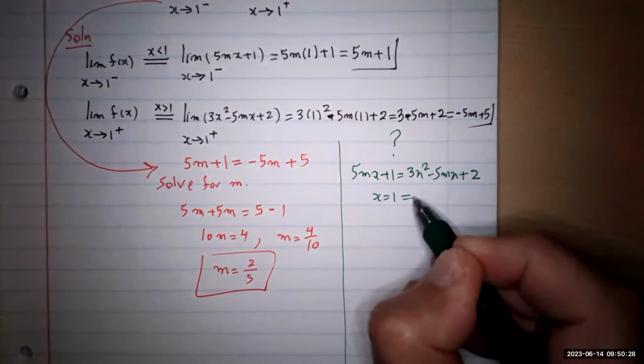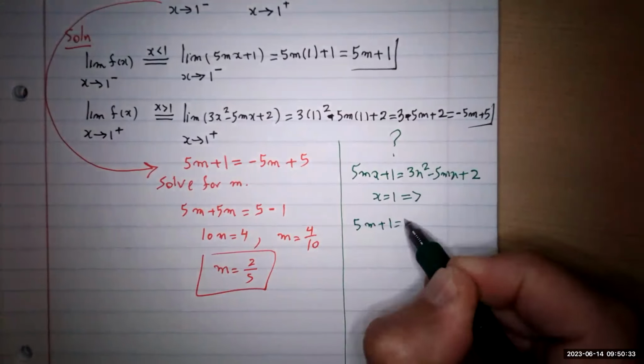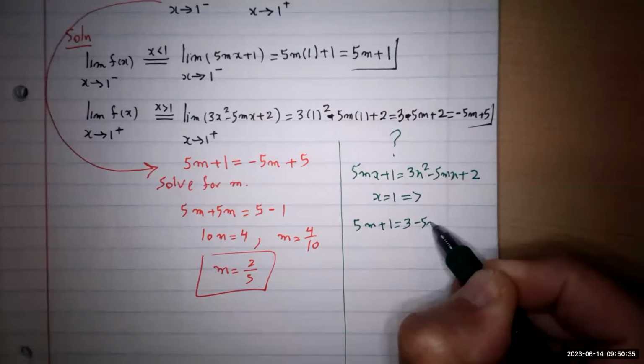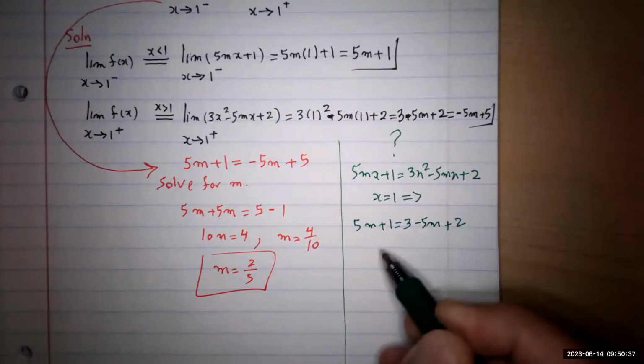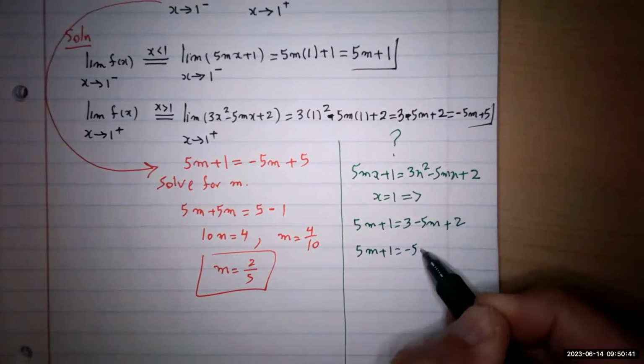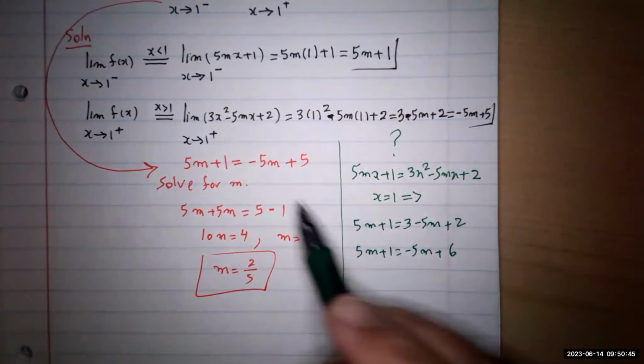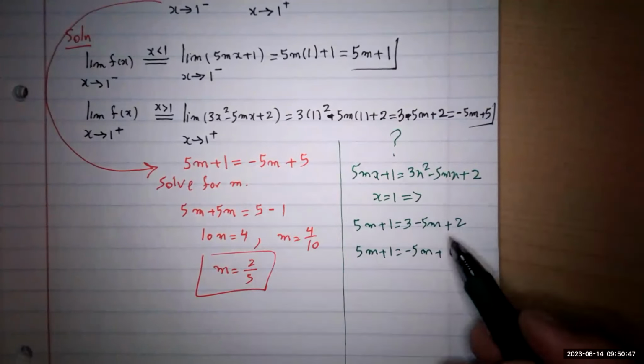They put x equal to 1 on both sides, so that gives us 5m plus 1, and that would be 3 minus 5m plus 2, and then they continue. It's 5m plus 1, negative 5m plus 6, as I got over here.